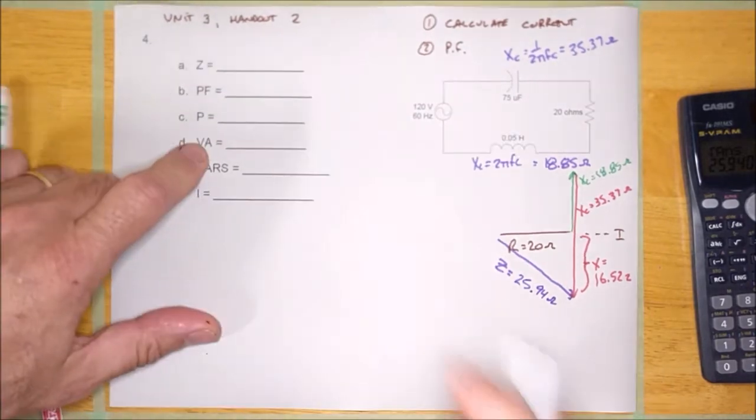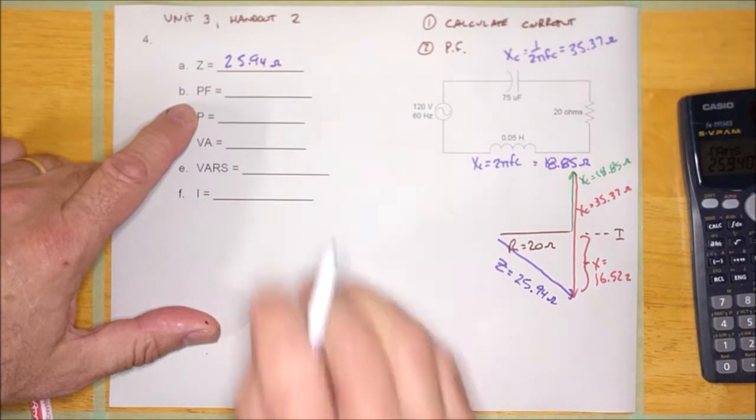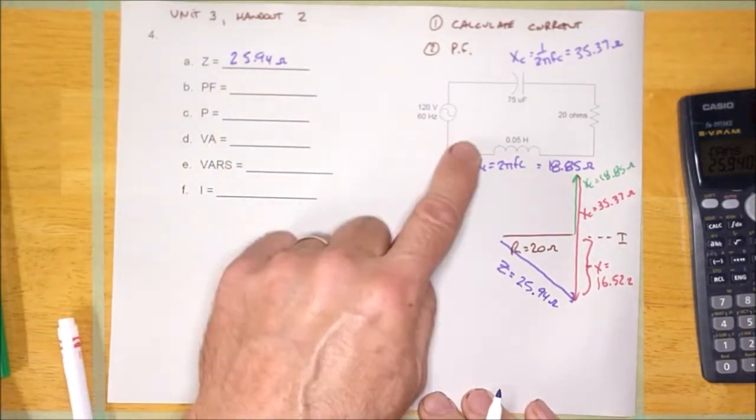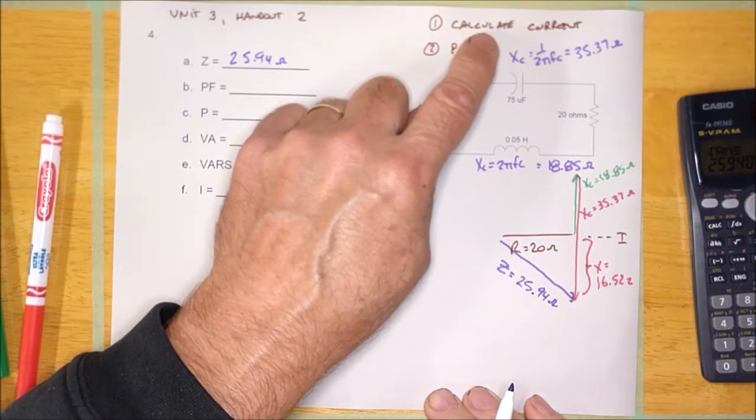Okay, guys, it happens to be the first thing that it asks for here, guys. But even if it didn't ask for Z in this question, you would have to calculate it. Why? Because that's the only way to calculate the current in the circuit.